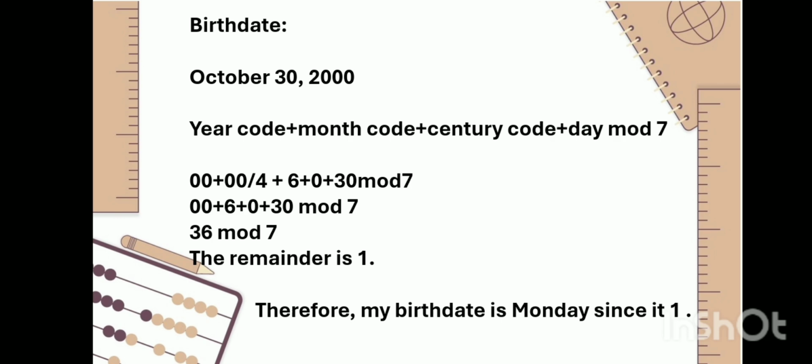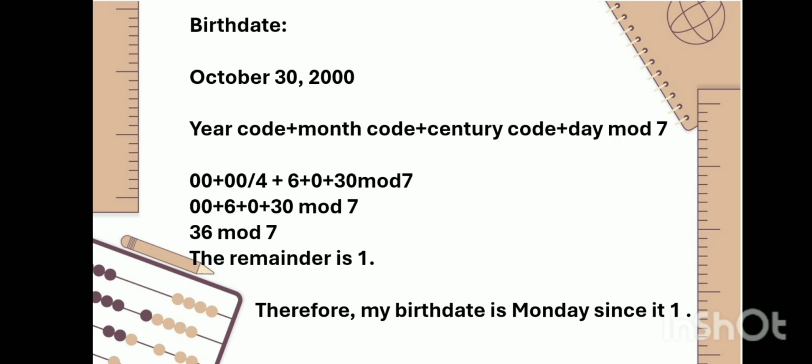And then the next thing to do is to calculate the month code. In calculating the month code, we will use these codes: 0325, 0351, and 4624 from January to December. Since I was born in the month of October and October falls on the code of number 6, our month code will be 6.